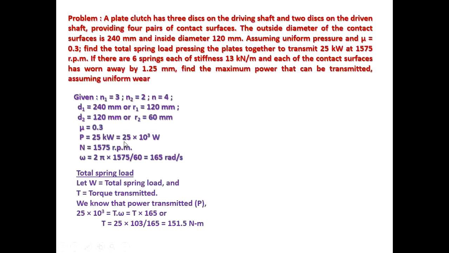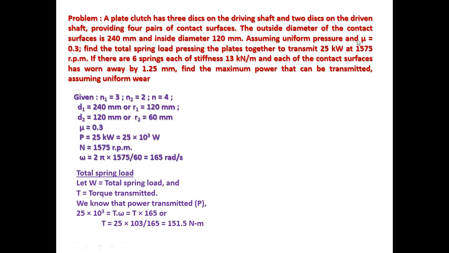Now we'll go with a simple problem. A plate clutch has 3 discs on the driving shaft and 2 discs on the driven shaft, provided 4 pairs of contact surfaces. The outside diameter of the contact surface is 240 mm and inside diameter is 120 mm.